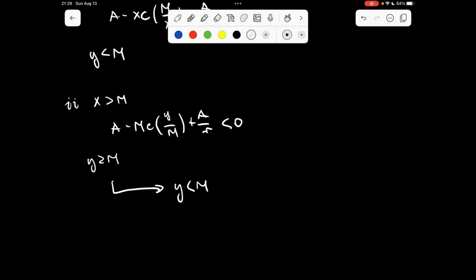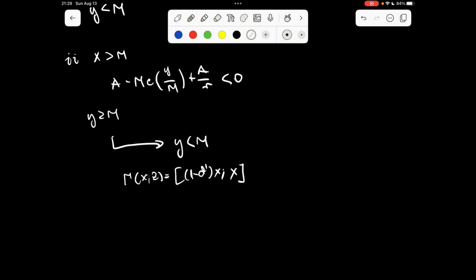So if we restrict, in this case, correspondence gamma, so if we say that y must be lower than x, we don't restrict the possible solutions because x is higher than m.